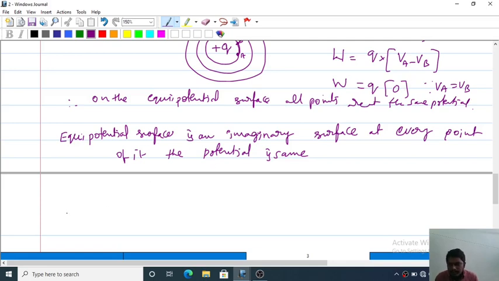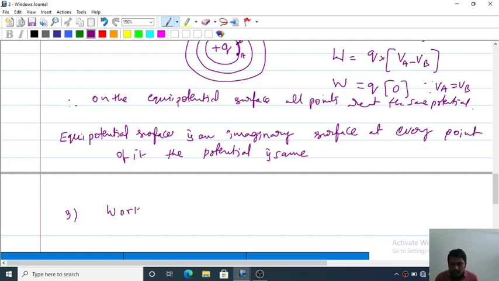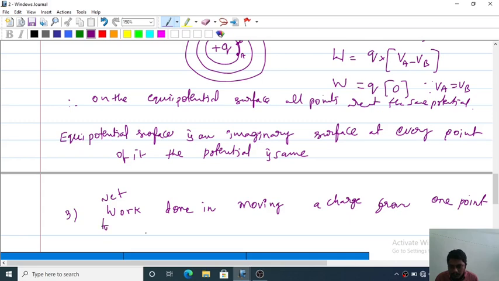Therefore what is the third point here? The net work done in moving a charge from one point to another on the equipotential surface is 0.